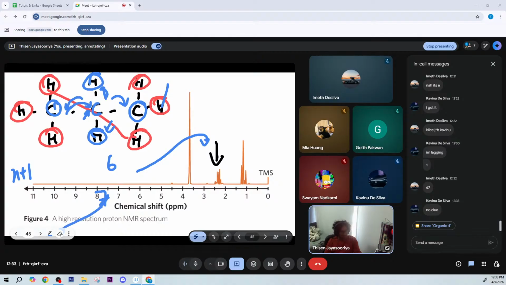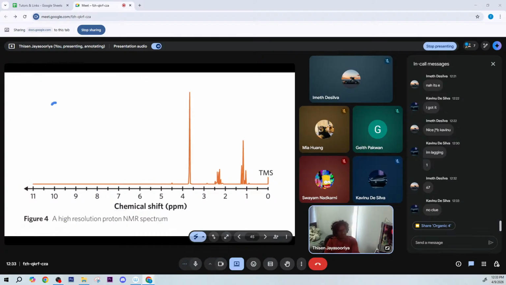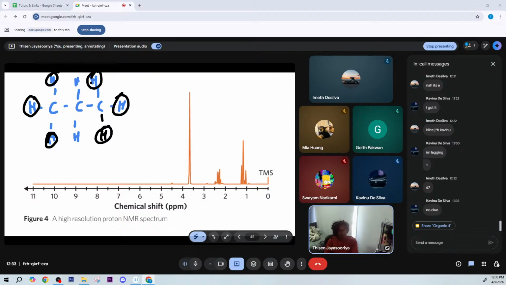Because we have C, C, C, H, H, H, H, H, yeah? There's going to be these, the ones in the black. Oh, wait, I dropped the H. So these ones are all in the same environment.